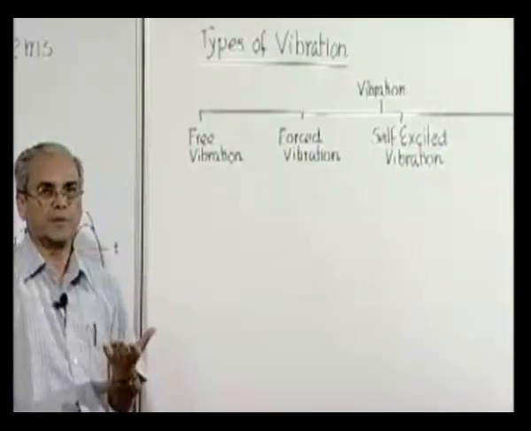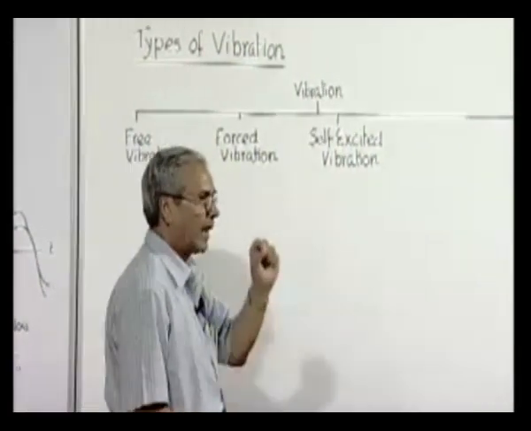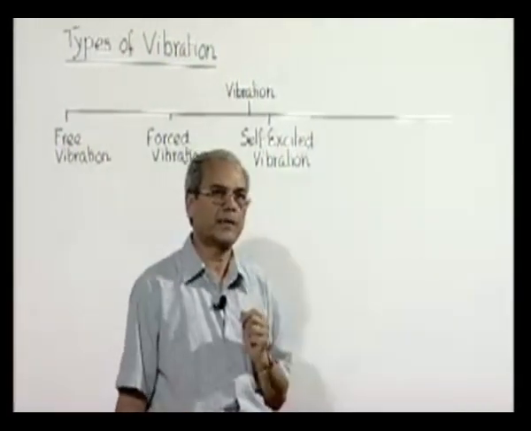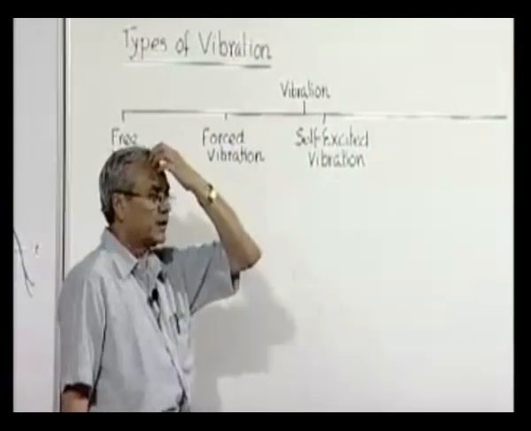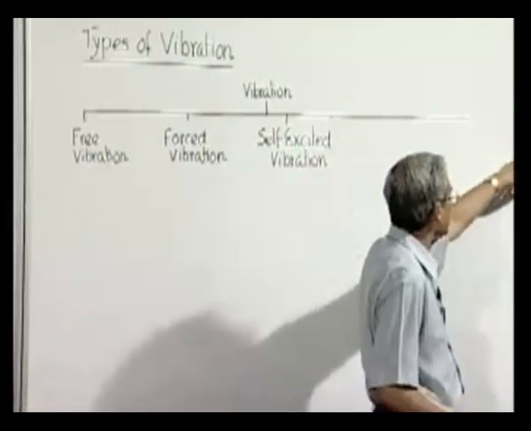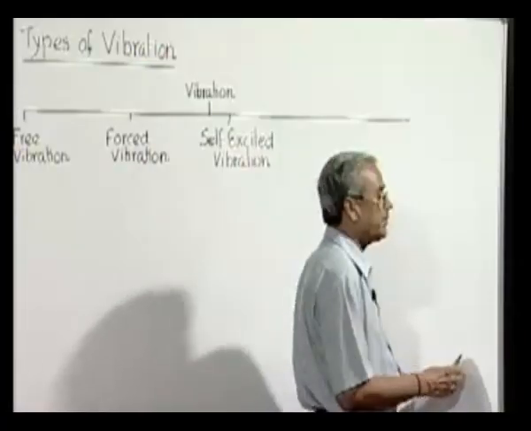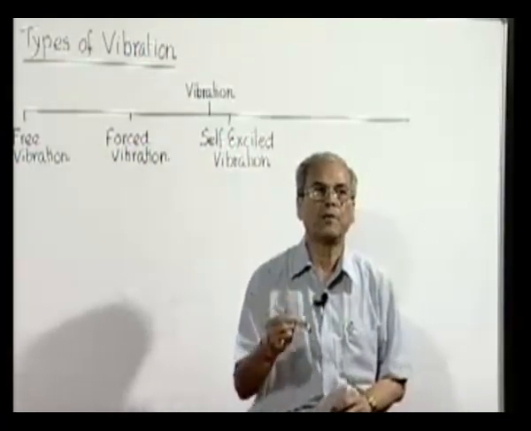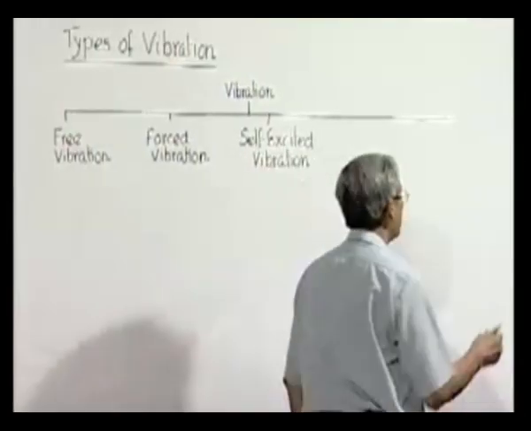Even I am talking about vibration of the vocal cord, there is no dynamic or fluctuating force which is acting on the vocal cord, and this type of vibration is present in many cases. That means when you scratch something, it gives a screeching sound. It means that it is vibrating, but it is vibrating not because a vibrating force is acting on it, but due to the system characteristics.